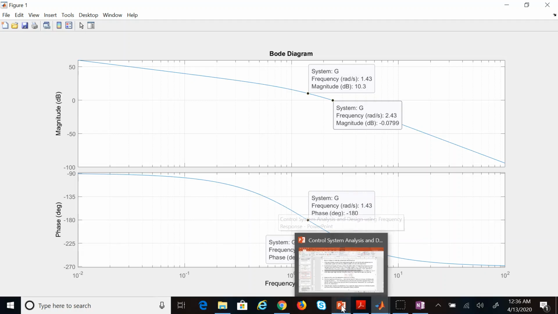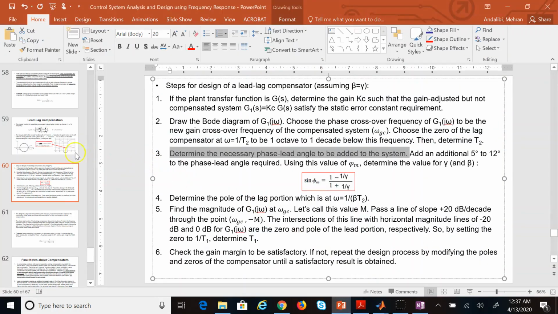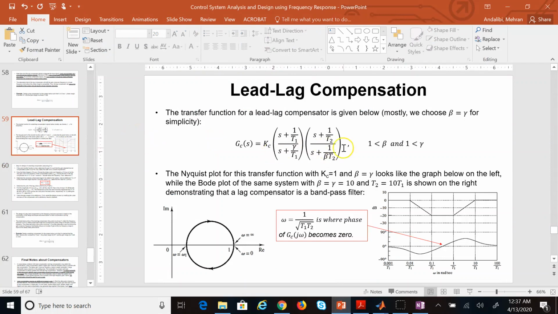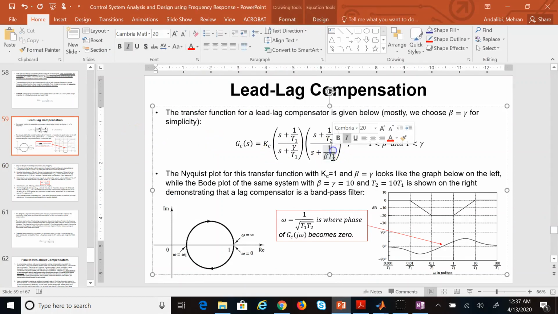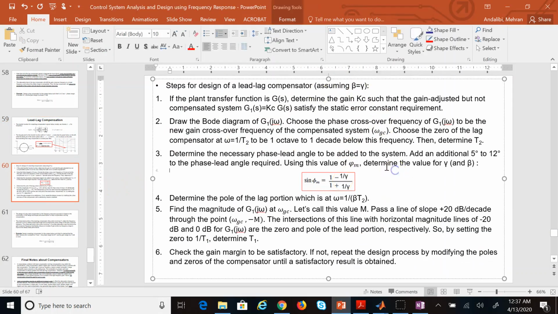The lag portion, we found the location of its zero. That's where we found it. This is where the zero of it is. Now, in order to find the pole of the lag portion, which is at 1 over beta T2, we need beta. Beta and gamma, we chose them to be the same. So if I can find gamma, I found beta. And to do that, I used the formula that I had in the lead design.